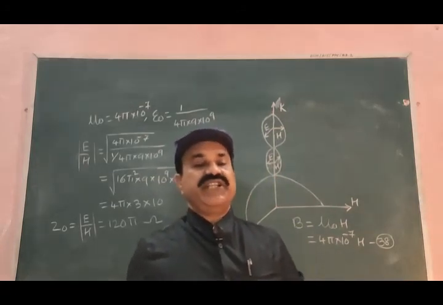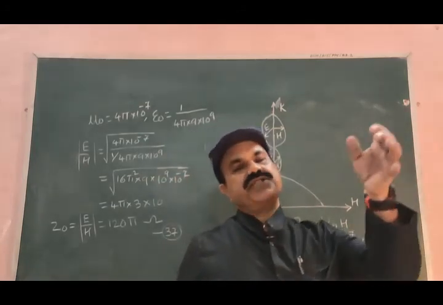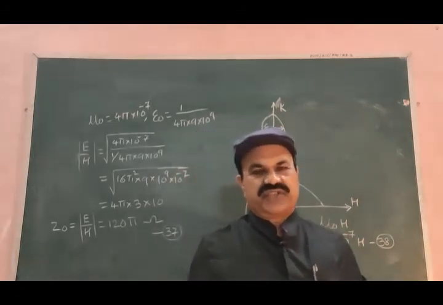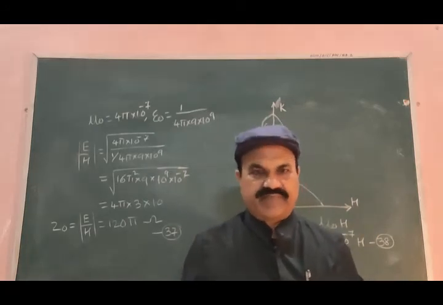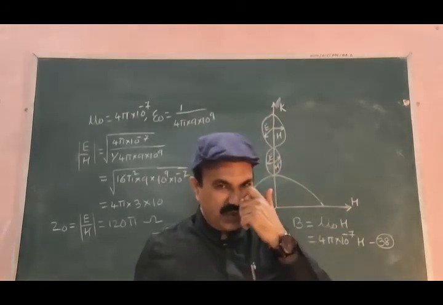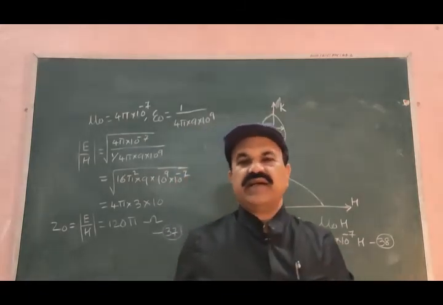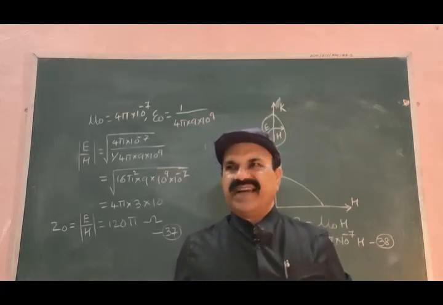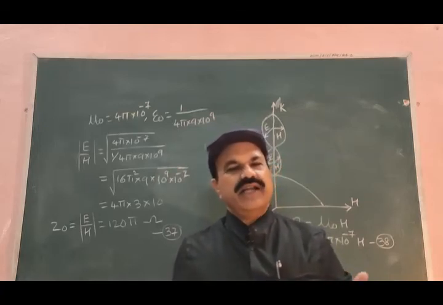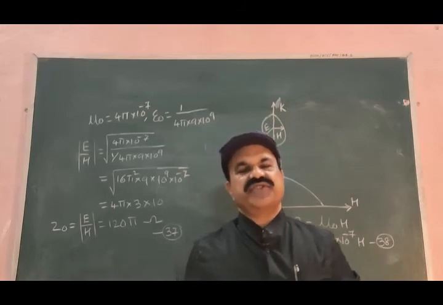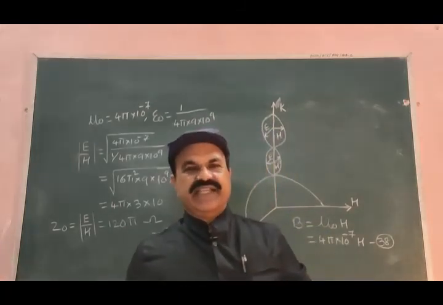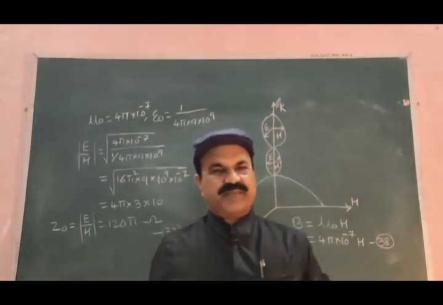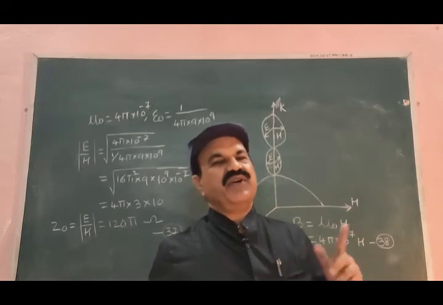After that, we substituted the restrictions on this plane electromagnetic wave according to Maxwell's third and fourth equations, from which we obtained k cross H is equal to minus mu 0 omega E, and k cross E is equal to minus epsilon 0 omega into H. From these two equations, we conclude that E is perpendicular to H as well as perpendicular to k, and H is perpendicular to E as well as perpendicular to k.